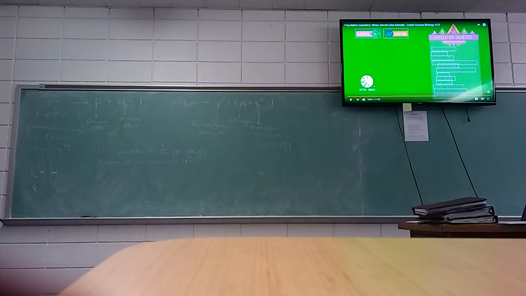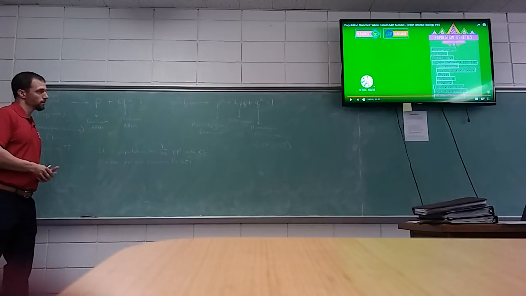And this is how they use this in the real world, because they don't know the alleles, and they're not just given the genotypes. But what they know a lot of times is if you have a disease, and a lot of times diseases are recessive, and so if you know a certain disease is homozygous recessive, you have a certain number of people, maybe it's 10,000 people, and you find out that there's 1,000 people in that population that have cystic fibrosis, then you know that you're homozygous recessive for 10%.